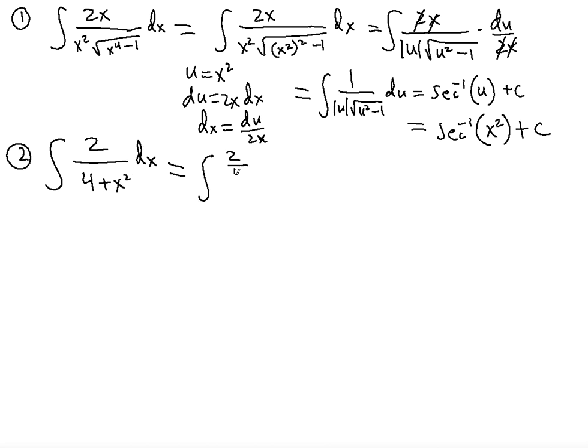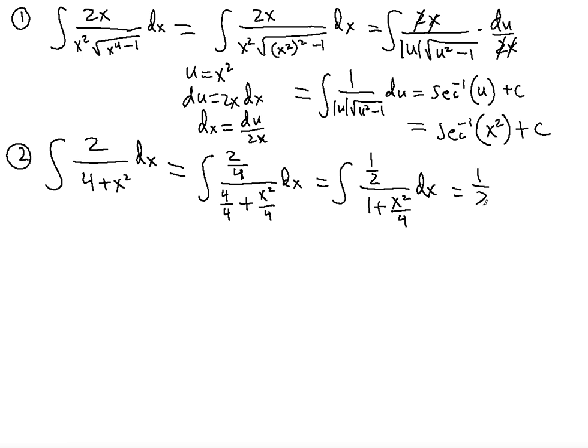So we're going to get 2 over 4 divided by 4 over 4 plus x squared over 4 dx. So that will give us 1/2 divided by 1 plus x squared over 4 dx. We're going to take that 1/2 out because it's multiplied to the numerator. So we're going to have 1/2 times the integral of 1 over 1 plus x squared over 4 dx.